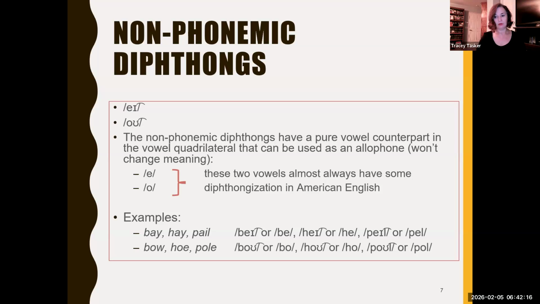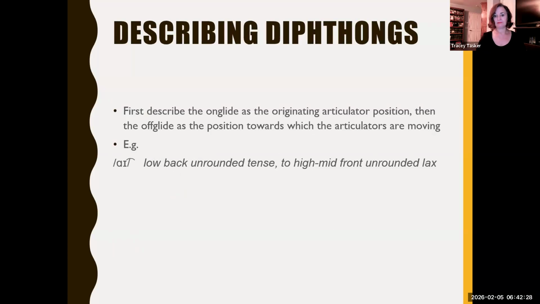So that's where we want to make sure that we're really listening to the sound and not worrying about the spelling, because that's an example where it could be spelled the same way, but produced differently depending on what the word is. All right. So as we said initially, there is an on-glide vowel, and then there's an off-glide vowel.